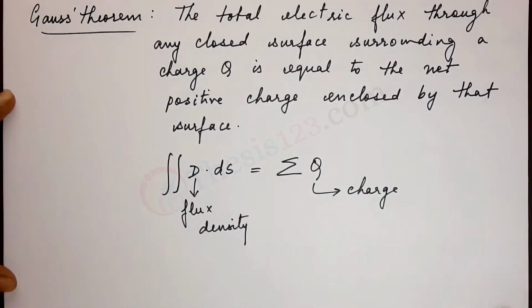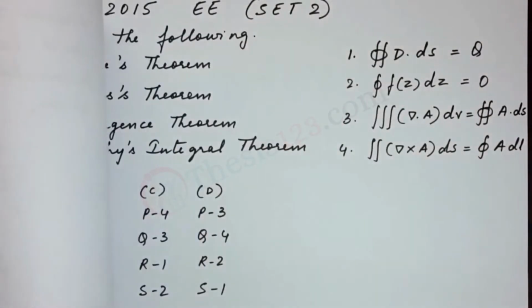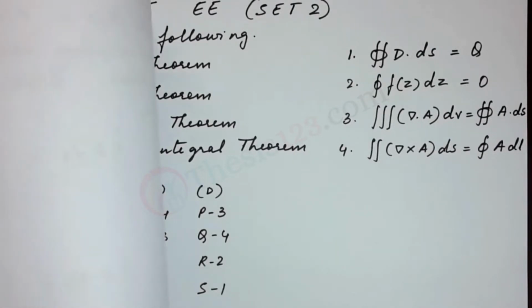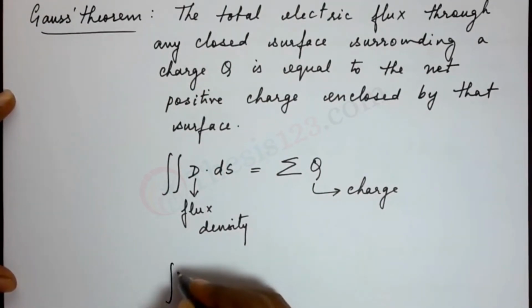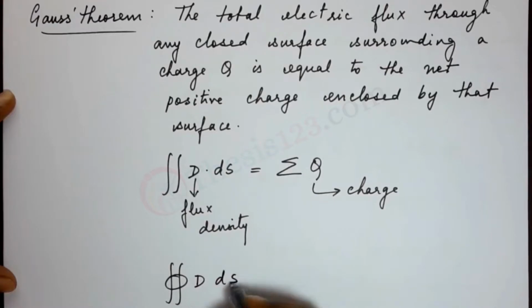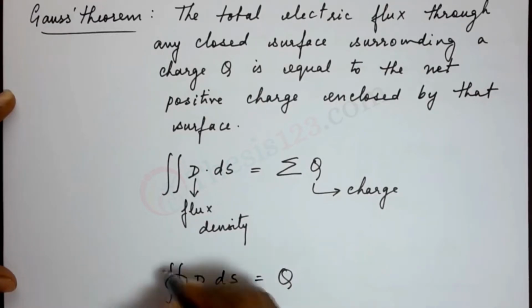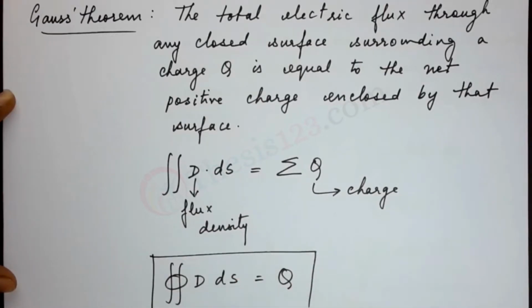So let's try and see where this equation is in our options here. The very first one. So we have closed surface integral D ds equals q. So with the options given, that's closed D ds equals q. This is our equation for Gauss's theorem. I hope this makes sense.